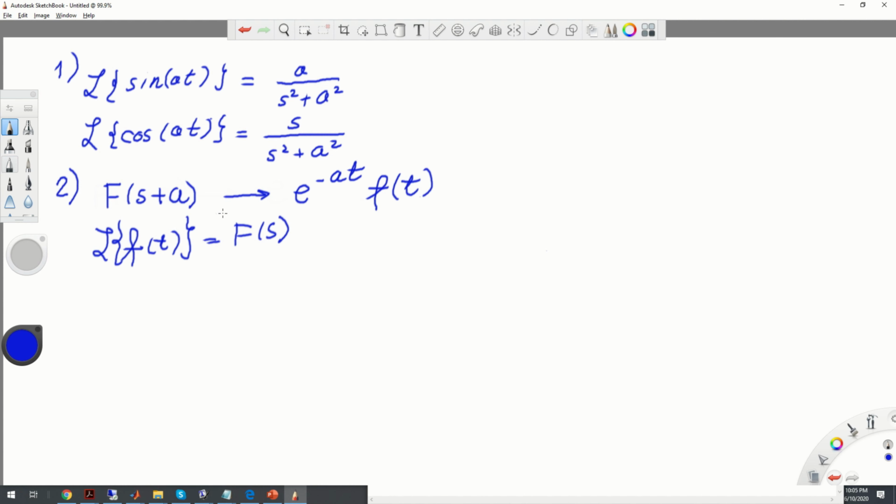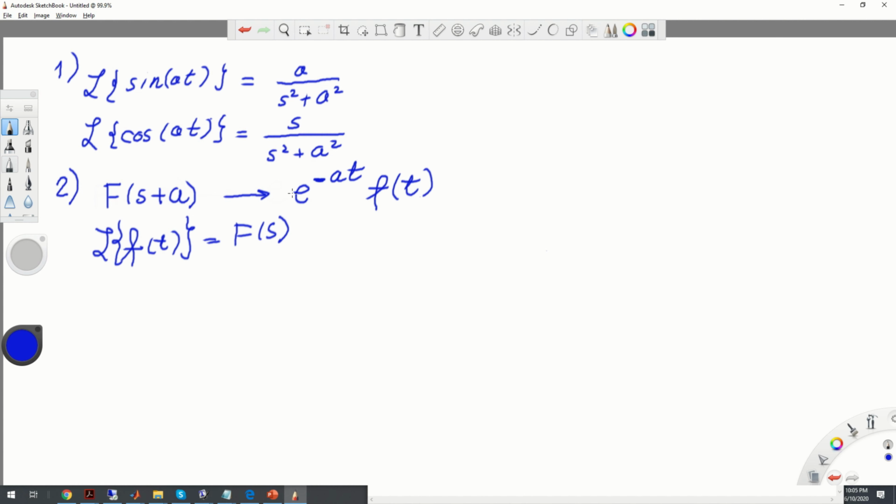So if we shift a function in the frequency domain, in the time domain we will obtain e to the minus at.